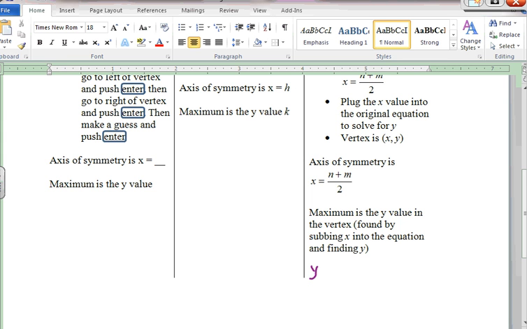So the y-intercept, you can add this in. The y-intercept is equal to m times n. And the x-intercepts are m and n.